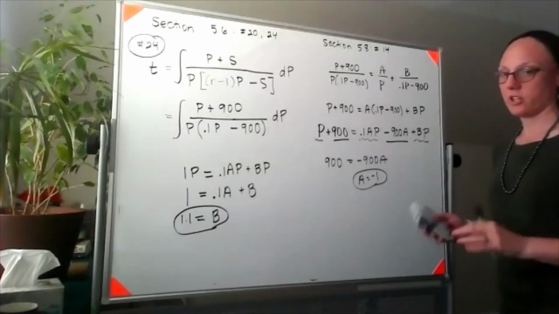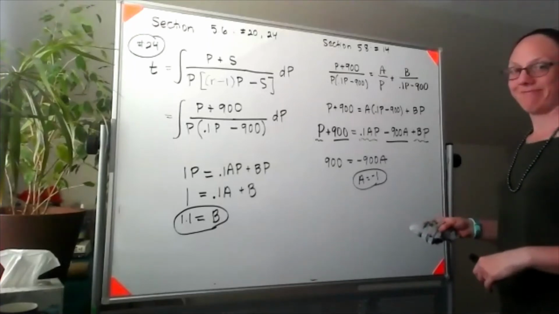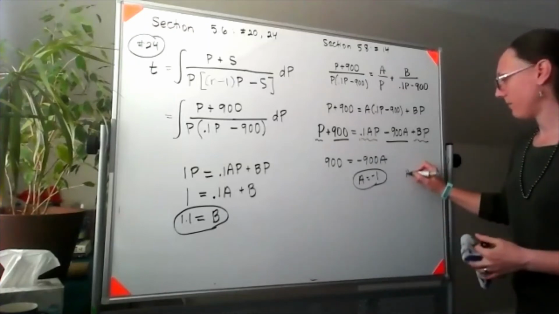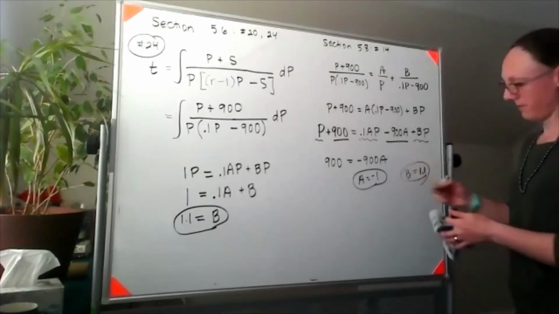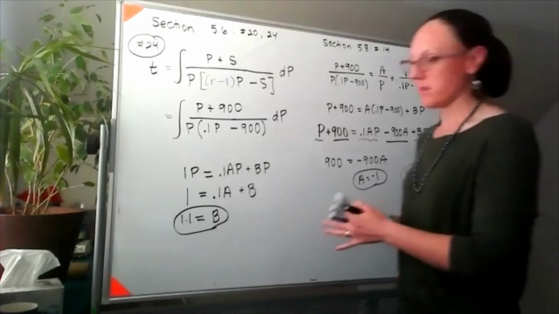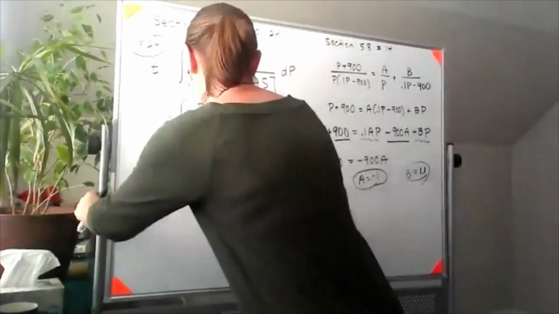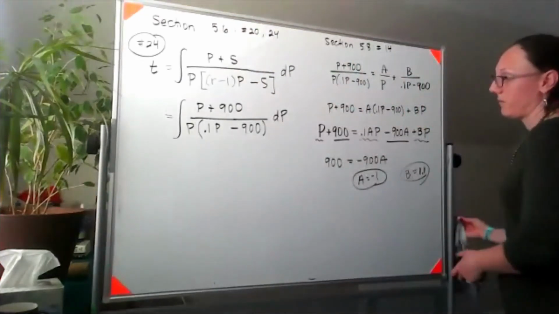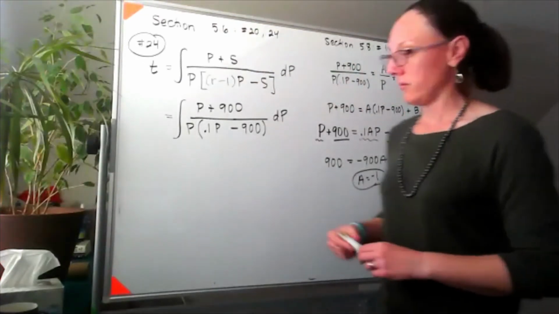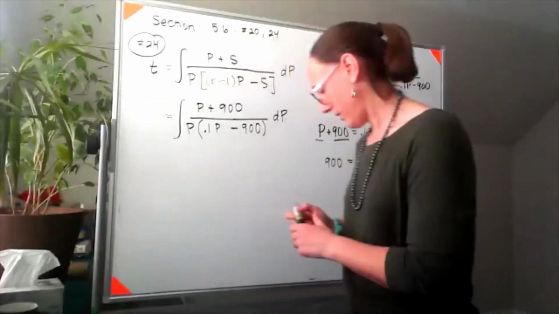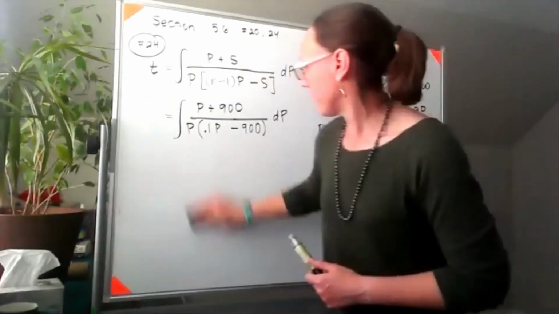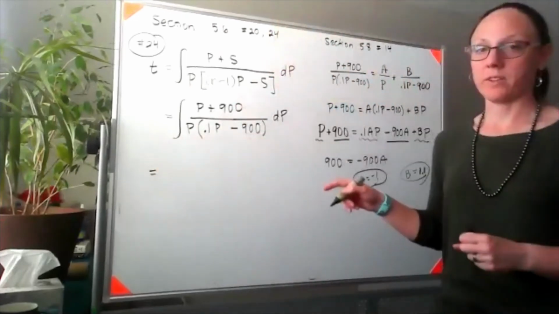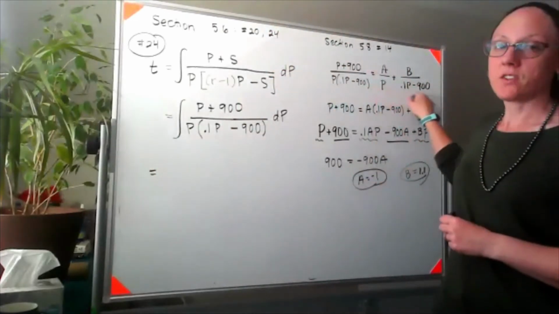I'm erasing slowly just in case questions come up in the chat. Put this up here, B equals 1.1. I think I'm going to squeeze it in right here. So we're swapping out this original integral for these two.